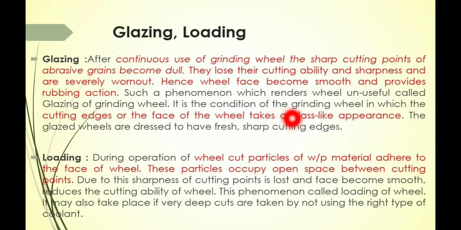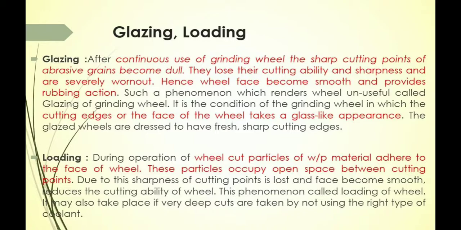It is a condition of the grinding wheel in which the cutting edge or face of the wheel takes on a glass-like appearance, and this glass-like appearance of the wheel is reconditioned by using the dresser tool.